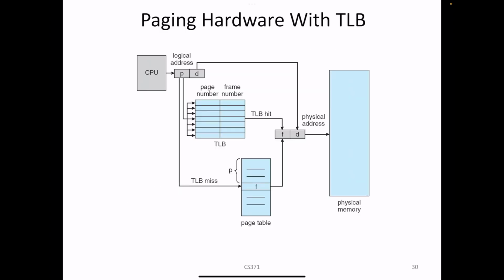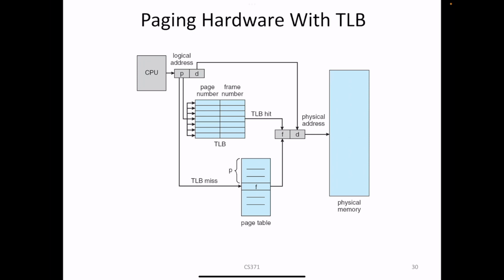Then let's see how we can speed up the paging allocation with a TLB hardware. When a process needs to access the data or instruction stored on the main memory, the CPU gives the logical address. Instead of looking up the page table directly, the page number will be sent to the TLB first for comparison to see whether this entry is cached on the TLB or not.